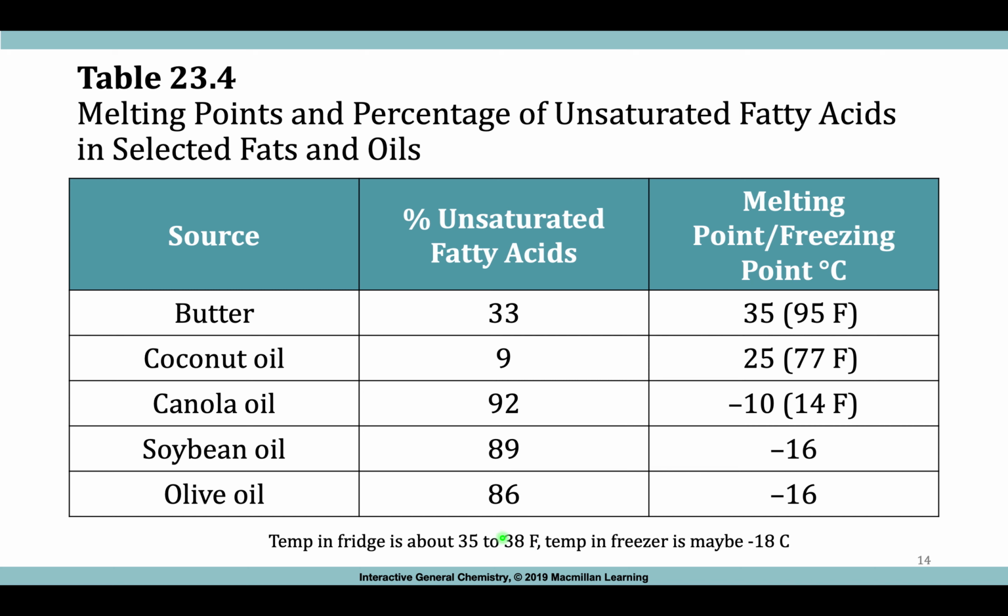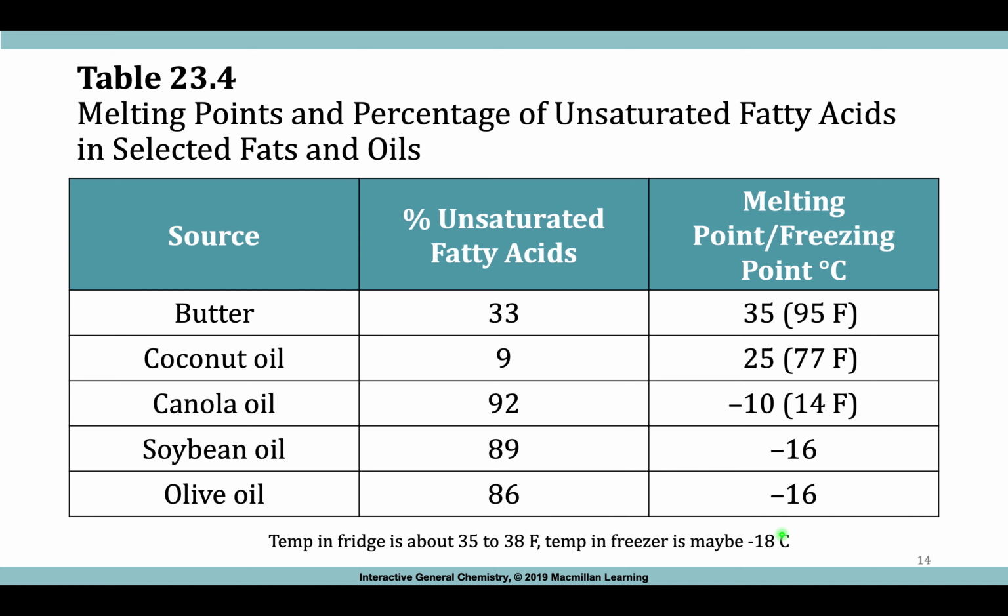One way to investigate that is to go find a bottle of oil-based salad dressing in your fridge and look at the ingredients, see what type of oils are in there. Probably you're going to see a lot of these oils, canola, soybean, olive, etc. And they're not going to be frozen in your fridge. They're nice, still liquid.